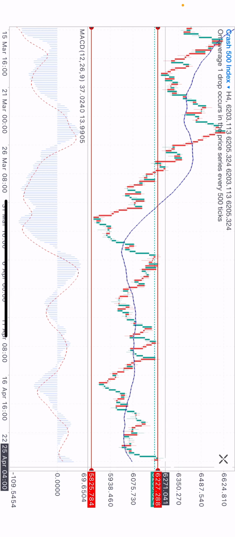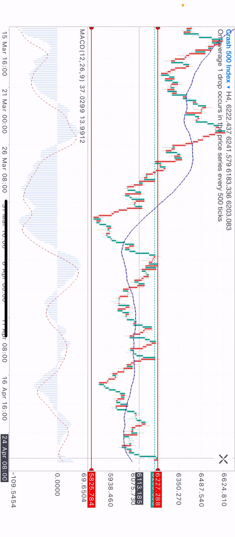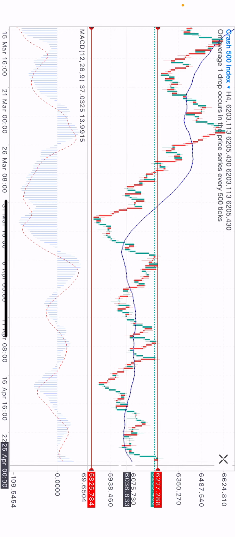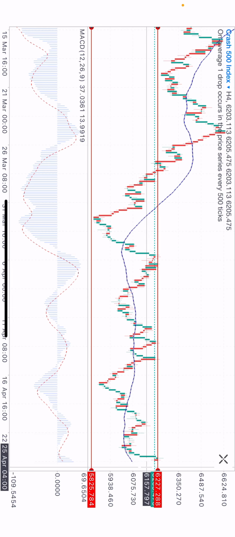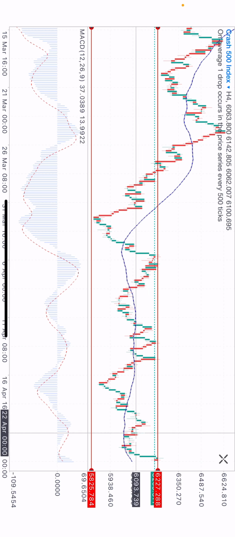Having a stop loss above this week, it's going to sell to the downside. But the indicator is yet to give us that signal until the price comes down and then the moving average crosses above it. So it's actually later than the price action.